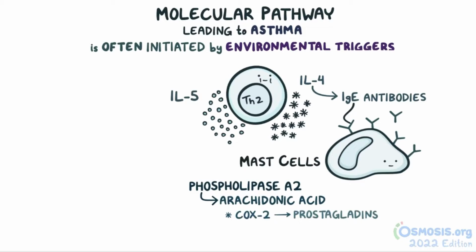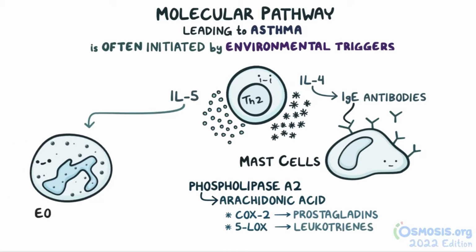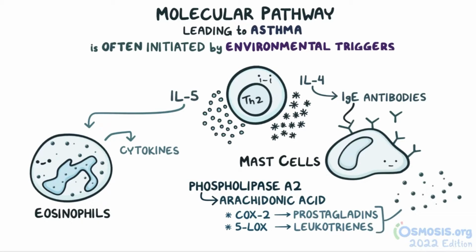Another one is 5-lipoxygenase, or 5-LOX, which makes leukotrienes. Now, IL-5, on the other hand, activates eosinophils, which promote an immune response by releasing more cytokines that attract other immune cells to the area. Minutes after exposure to an allergen, phospholipase A2 gets activated inside the mast cells, which results in the synthesis and release of leukotrienes and prostaglandins.